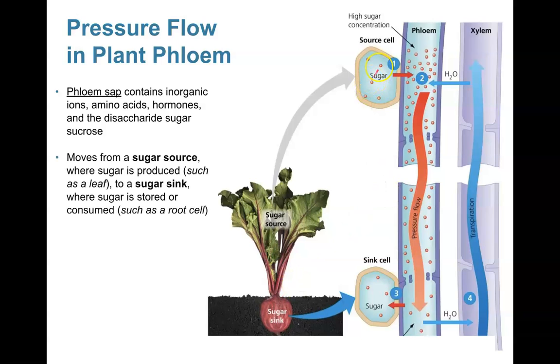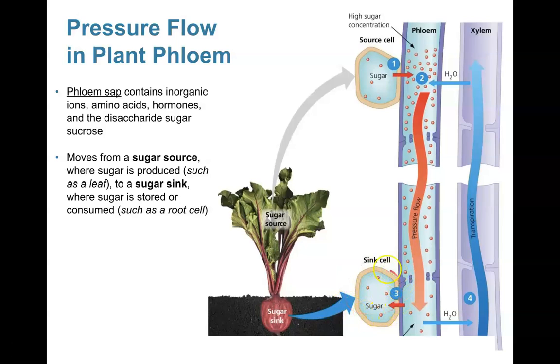Basically in the phloem, we have what's called a sugar source. This is where the sugar is produced, such as a leaf, where photosynthesis occurs, and that sugar source brings sugar into the phloem. I can see a high concentration, and just through the process of diffusion, from a high concentration to a low concentration, and using gravity, we can achieve the movement of sugar into what's known as a sink cell, or a sugar sink.